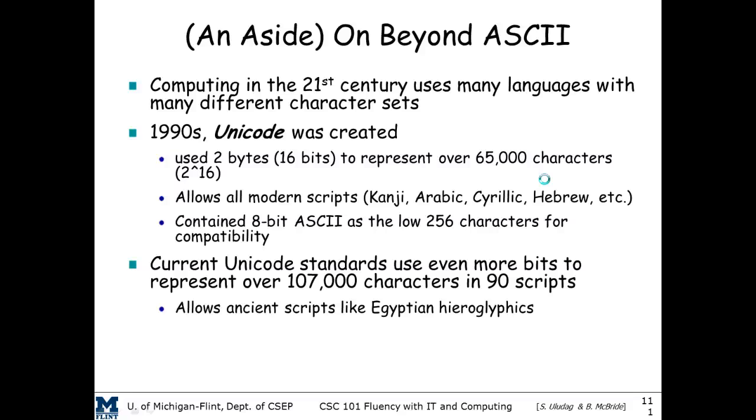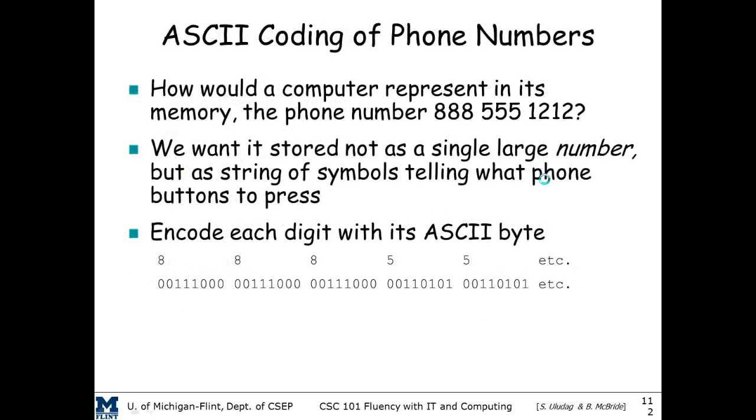It's compatible with 8-bit ASCII in that the lower 256 characters in Unicode are equivalent to the 256 characters from the ASCII table. But the additional characters that we can encode, since now we can go up to 65,000 characters, allow us to represent all sorts of scripts besides Latin-based ones.